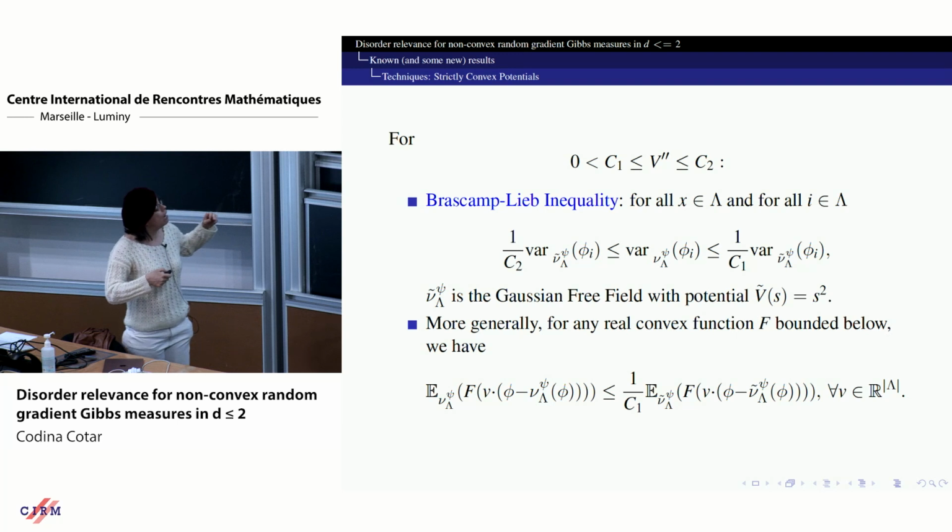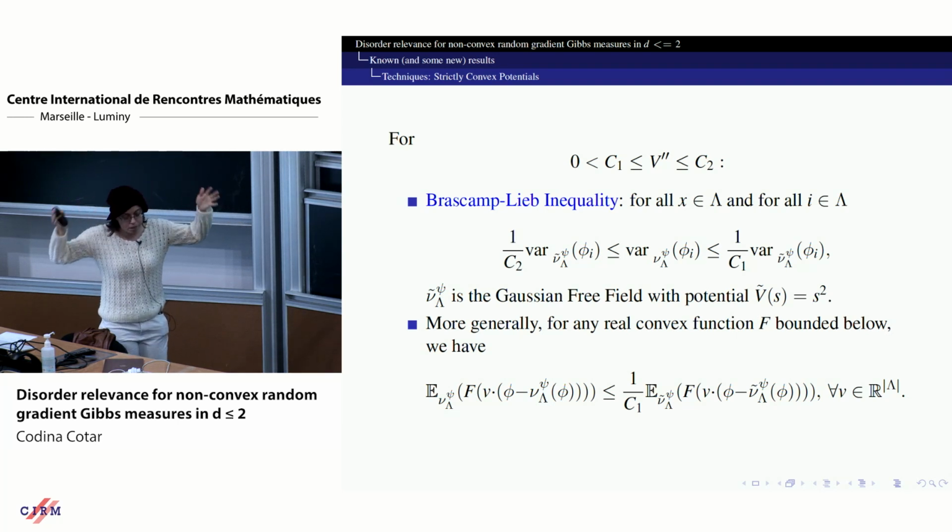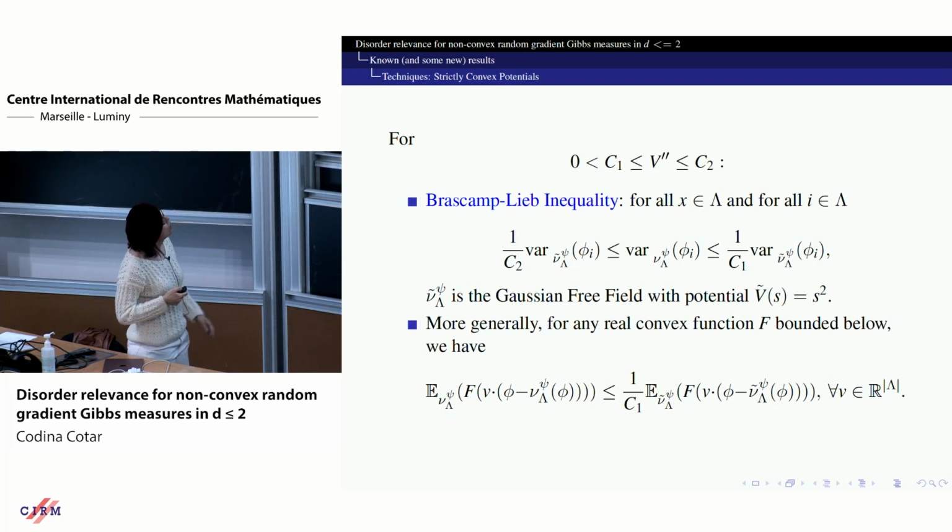So basically, I'm going to take any finite volume Gibbs measure or gradient Gibbs measure with potential satisfying this property.